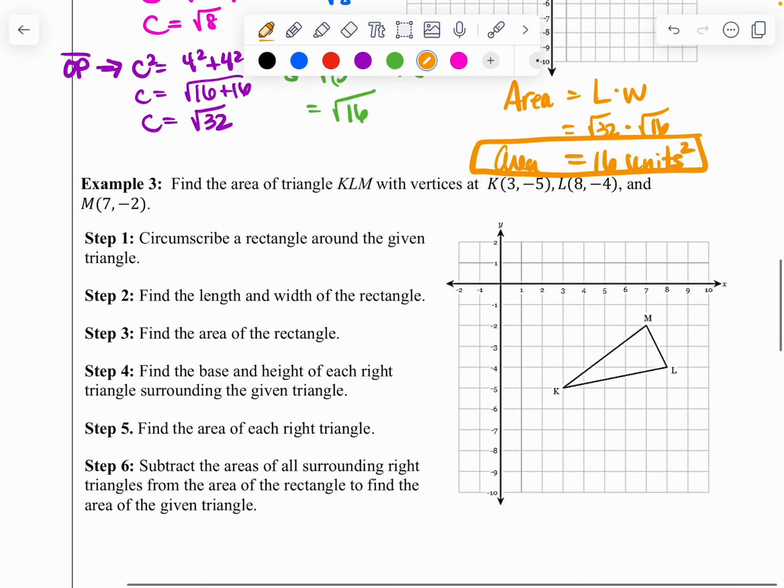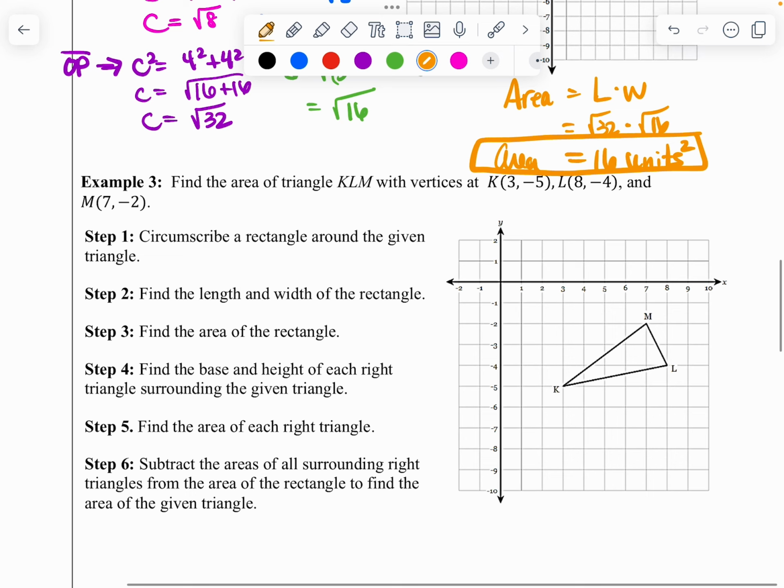Now this next one is for a triangle. It has some different vocabulary that was discussed earlier in the notes, but I want to make sure that we understand it. So I've got my triangle with its vertices, and we're going to circumscribe a rectangle.